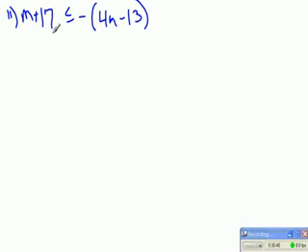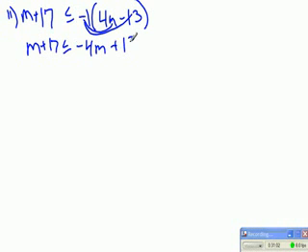Number 11 says m plus 17 is less than or equal to negative quantity 4m minus 13. And I'm still going to have to distribute, even though there's no number, it's really a negative 1. So you're distributing that. M plus 17 is less than or equal to negative 1 times 4m is negative 4m. Negative 1 times negative 13 is plus 13.